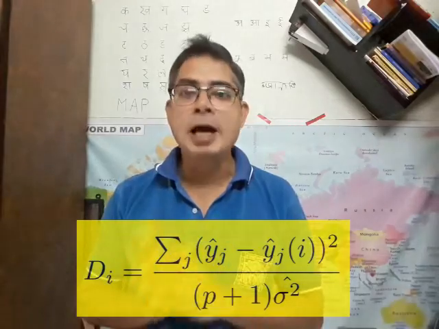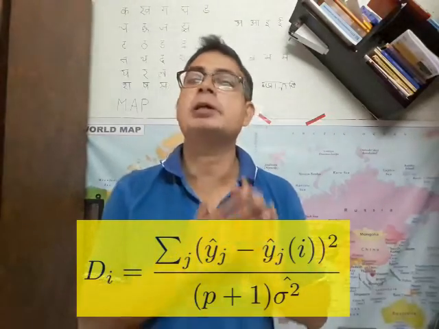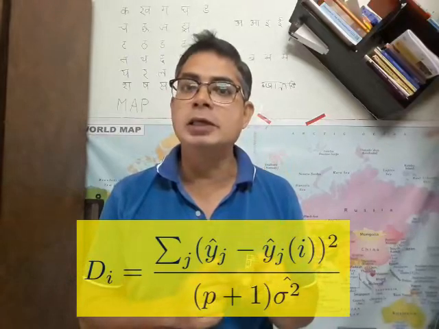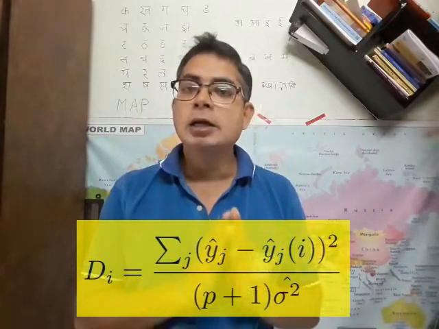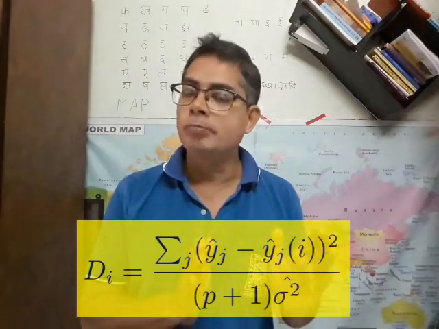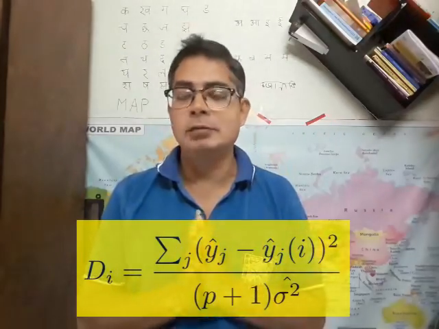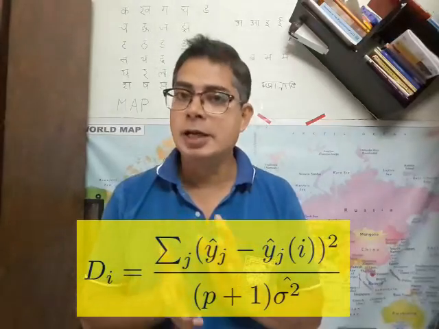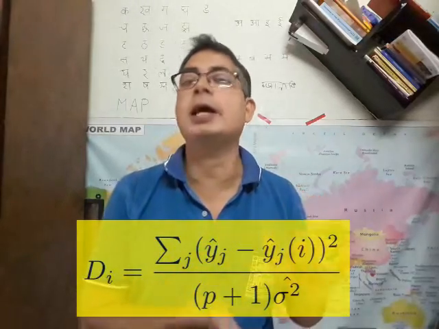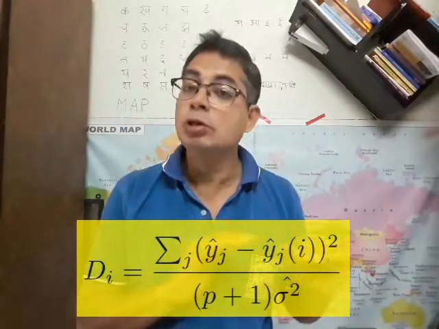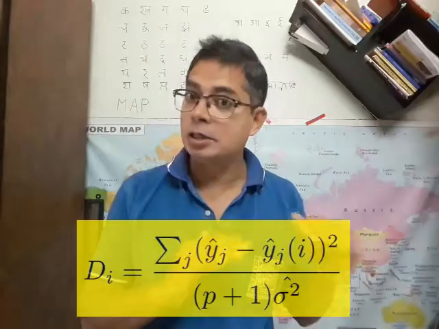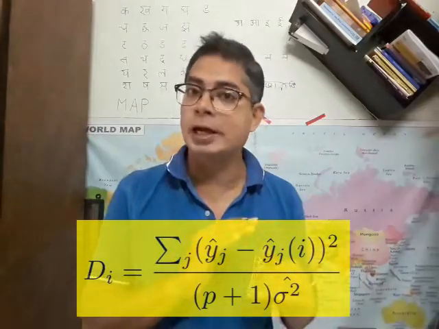Now you drop that ith case and again you try to predict all the things, that is your y_j hat (i). You take the L2 norm between them. So you take the entire y hat based on the entire data and also the entire y hat without using the ith case, but you are still predicting everything including the ith case.